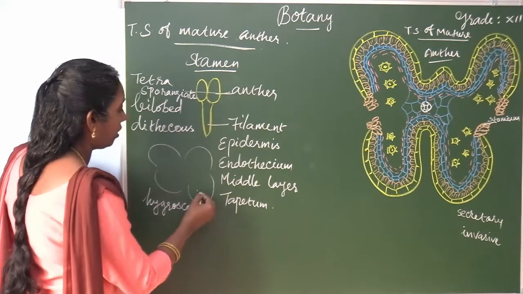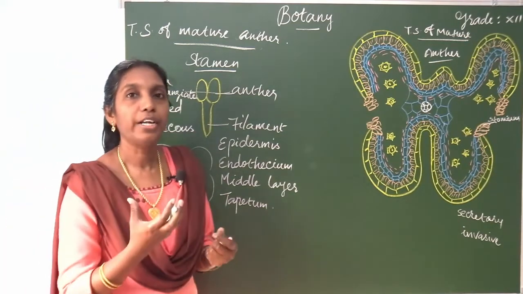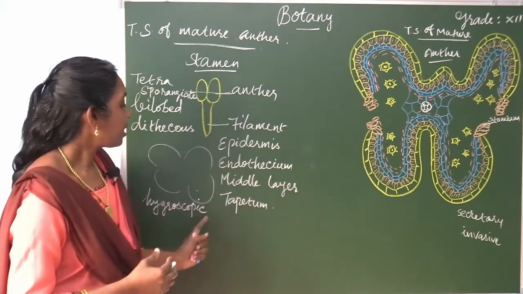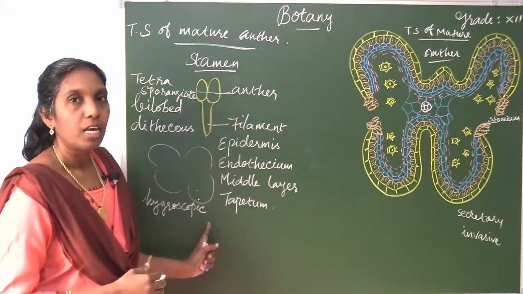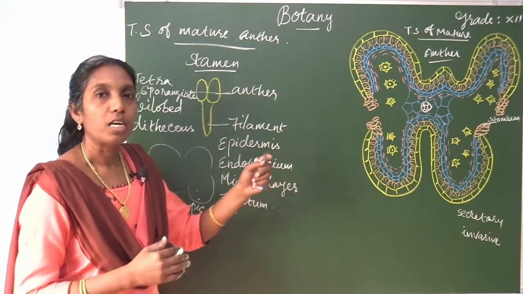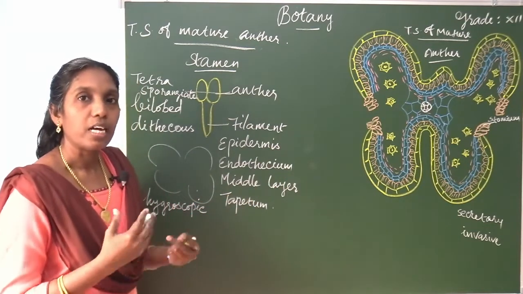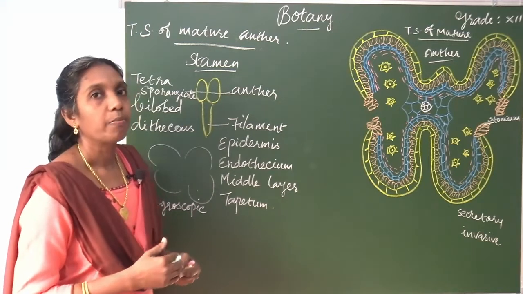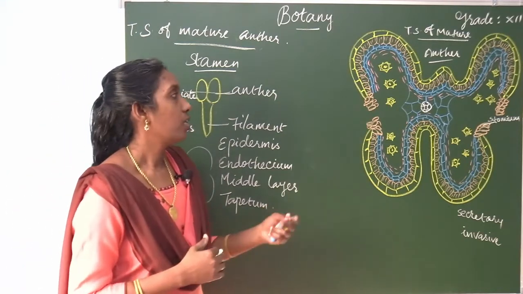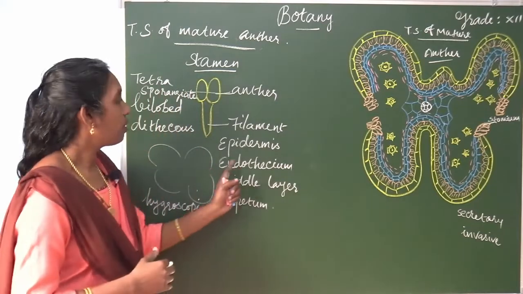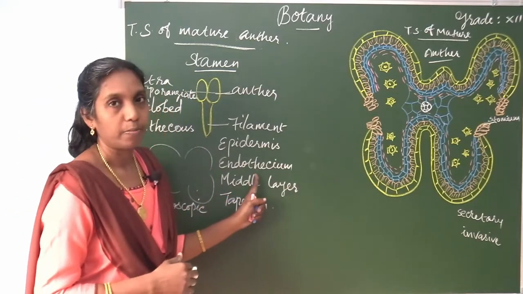Hygroscopic means it tends to absorb moisture. This endothecium is absent in certain plants, mainly in aquatic plants, cleistogamous flowers and saprophytes.